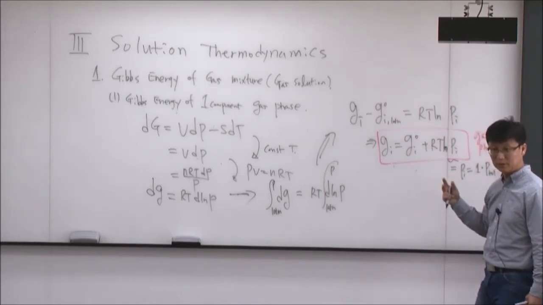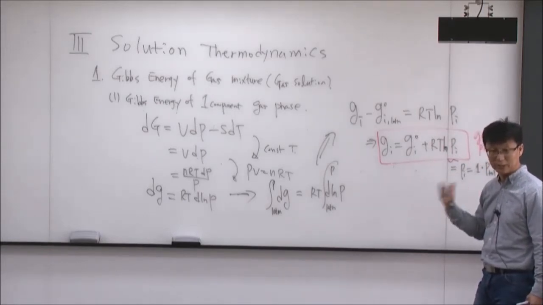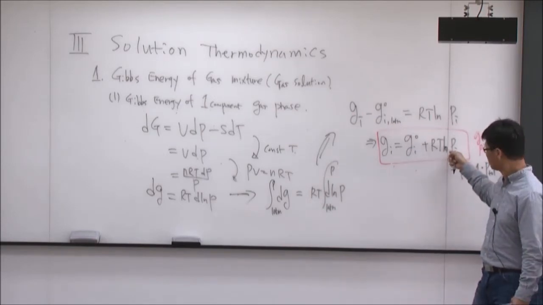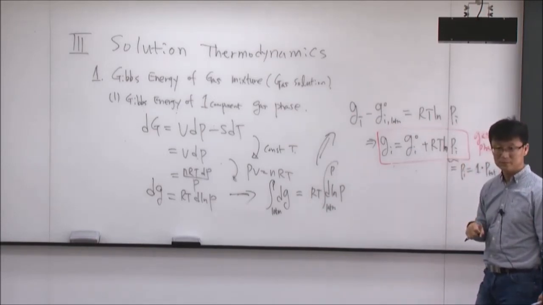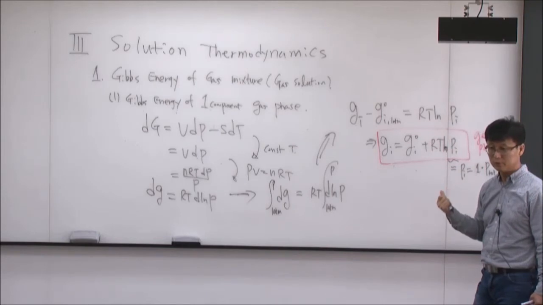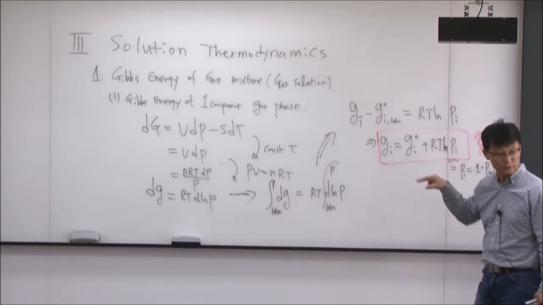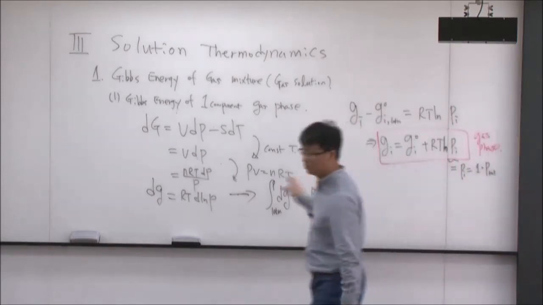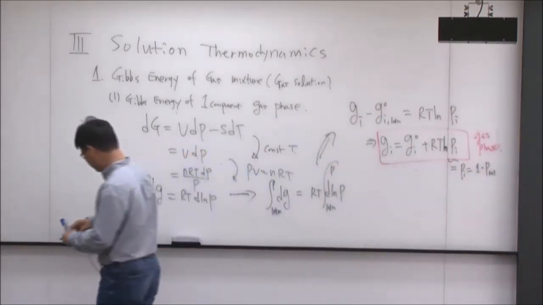So the Gibbs energy of the gas phase depends on its own pressure. That's important. Is it good? At least, can you accept up to this one? Okay. Now, let's apply this to the solution phase.